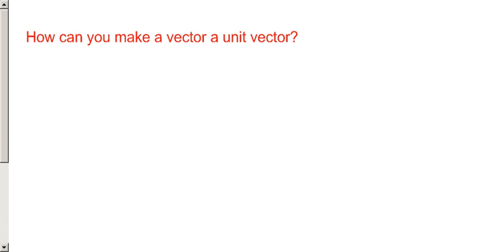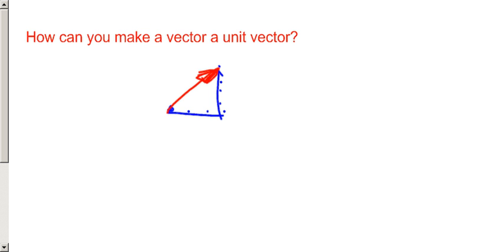Okay, well, one of the things that we're going to want to be able to do is take any vector and turn it into a unit vector. So let's imagine this vector here, which starts here and goes 3 over and then 4 up. So we're talking about the red vector right there. So how could I, first of all, write that red vector using i, j, and k?